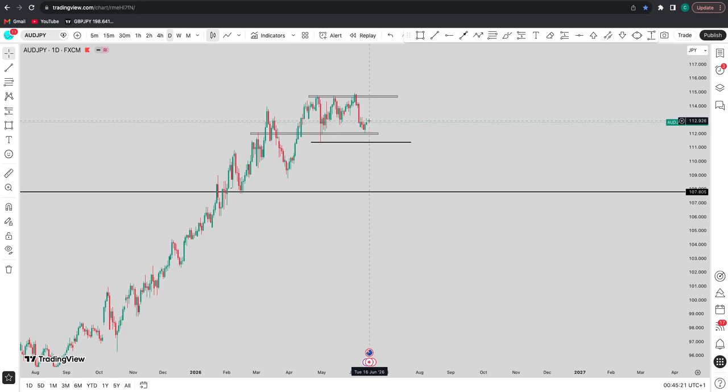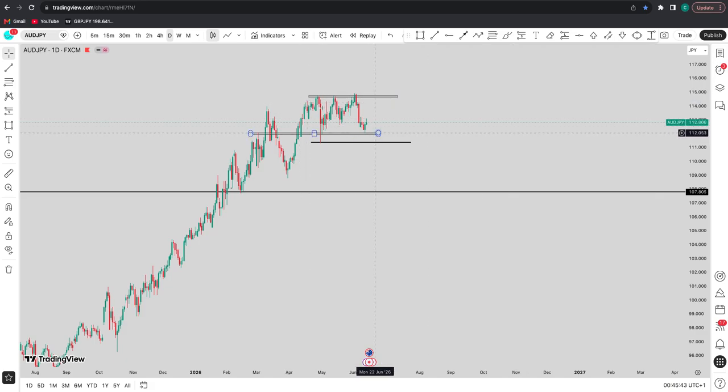However, if this market decides not to go back into this resistance level, then I'll be waiting for the market to break below this support level, retest it, and then go bearish. But for now, as long as the daily is still bullish and we are having a new high here, I am bullish overall on this market.